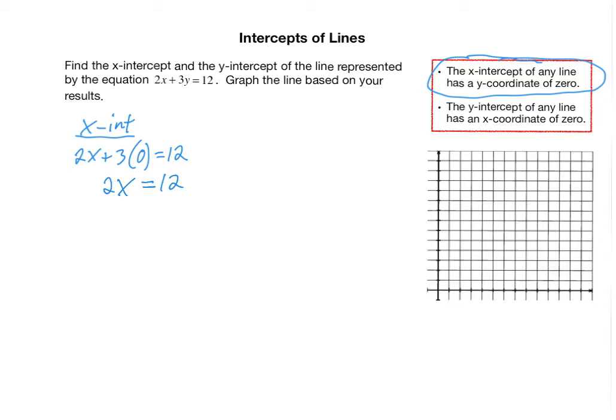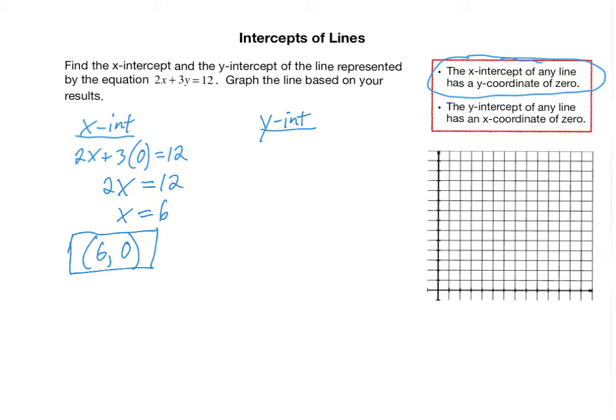And if you divide both sides by 2, you get x equals 6. So the x-intercept is the ordered pair 6, 0, since we got that x-coordinate of 6 when the y value was 0.